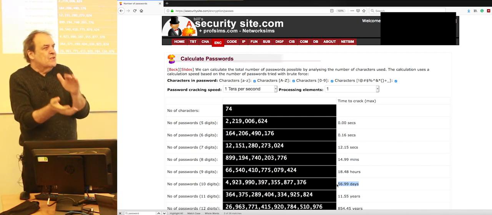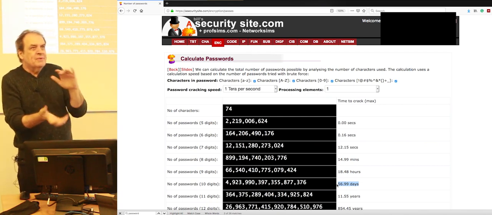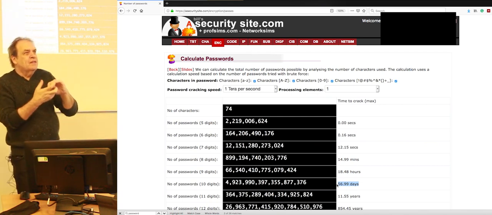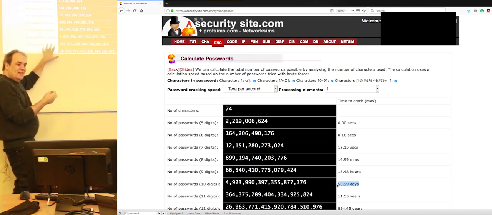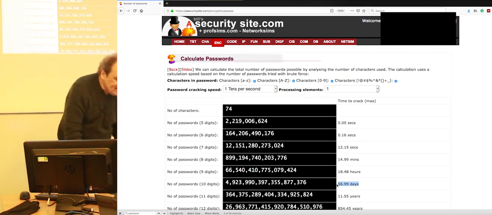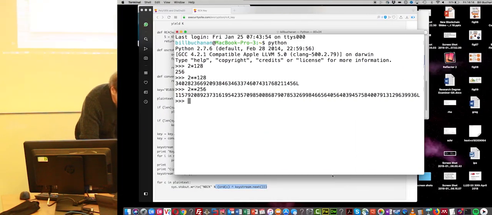If you have used a completely random password, then these would be the times. But most people are using a password which is much, much simpler than that. So that's the example there.